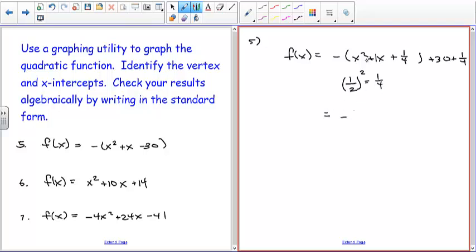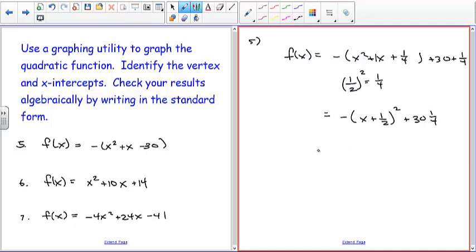And then this can be rewritten as a complete square, which is going to be x plus a half quantity squared plus 30 and a quarter, or 30.25.